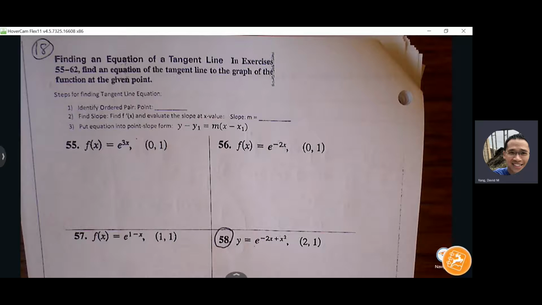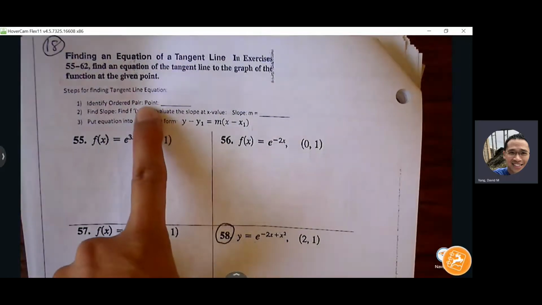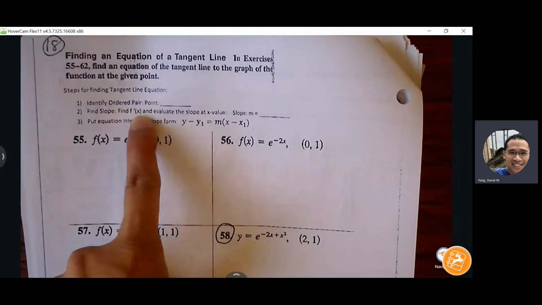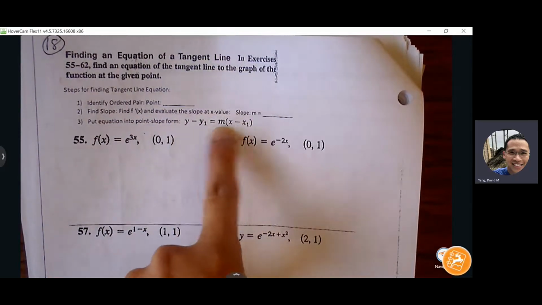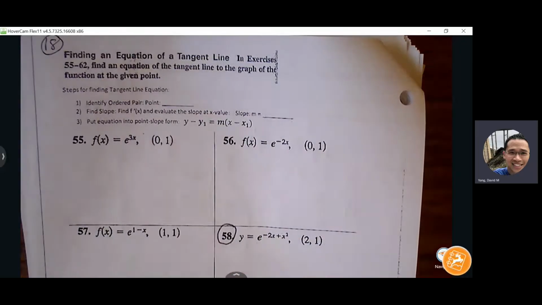That's just a common thing that you're going to see over and over again, and it's always going to show up on the AP exam, finding tangent line equations. But all we do is find the ordered pair, find the derivative, and from the derivative we can evaluate the slope, and then finally the point slope form.